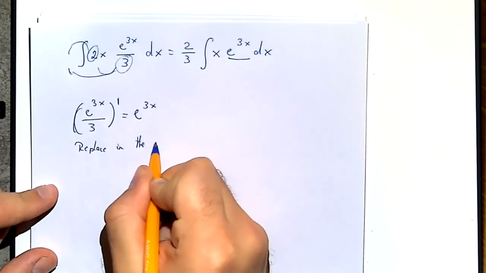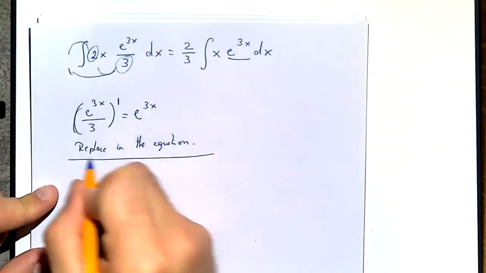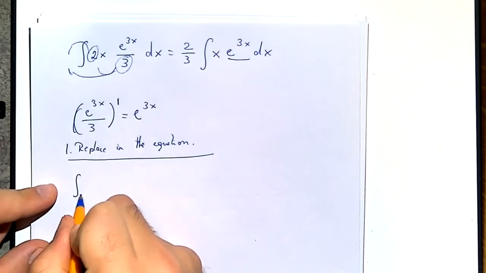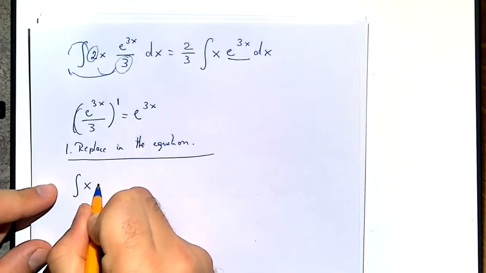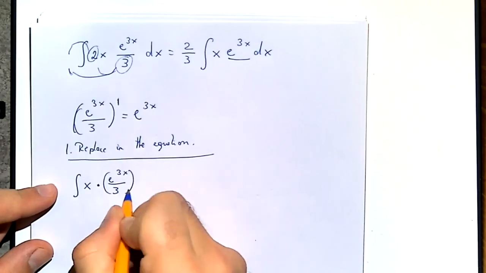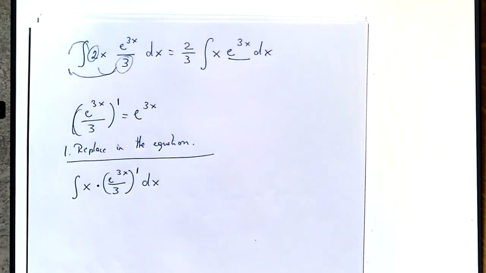So let's do it. For the first step, replace in the equation. Okay, I have to compute x multiplied by the derivative of e^(3x)/3 dx. Good, I replaced.